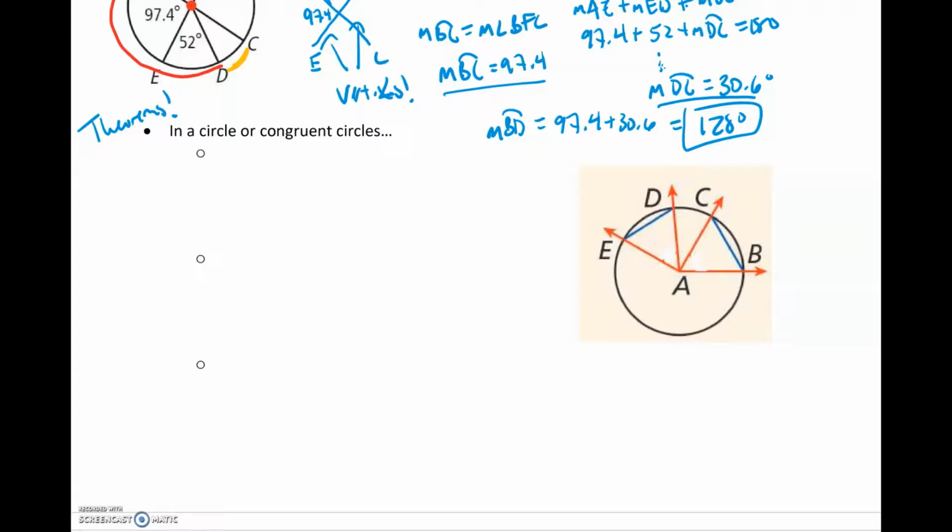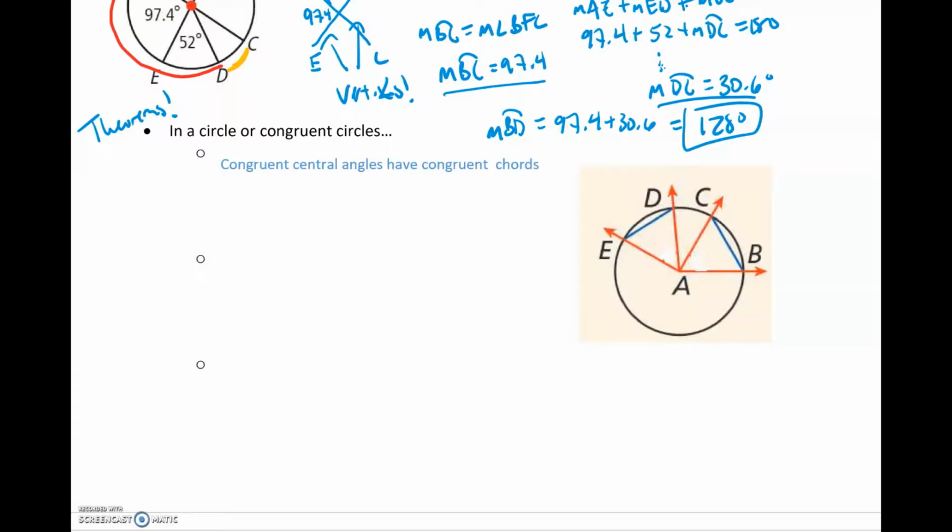So the first thing we have to say here is if we have congruent central angles, then they have congruent chords. And that kind of makes sense because if we have two congruent central angles or three congruent central angles or however many you want, the width of the angle, how far apart the legs are, will always be the same. And that distance is the chord.